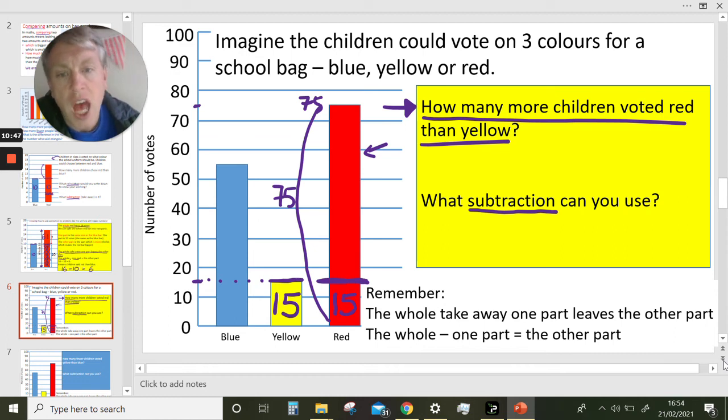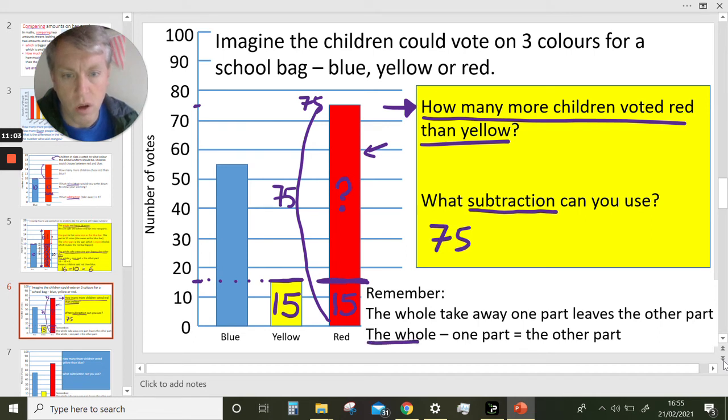15. And now we need to know this part, how many more? And I remember the whole amount of the bar, the red bar, is 75.